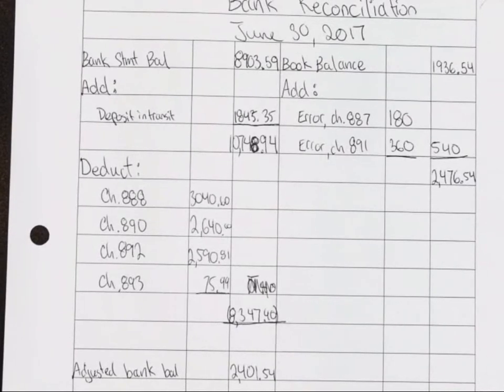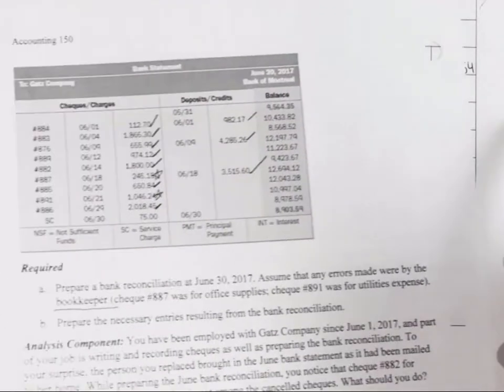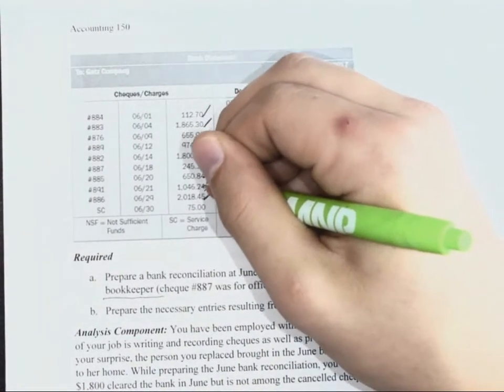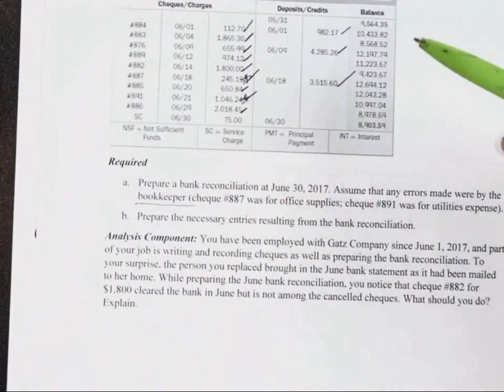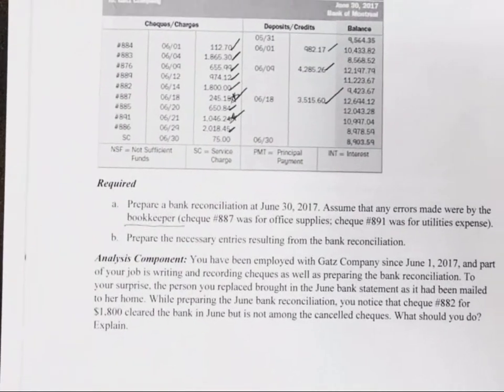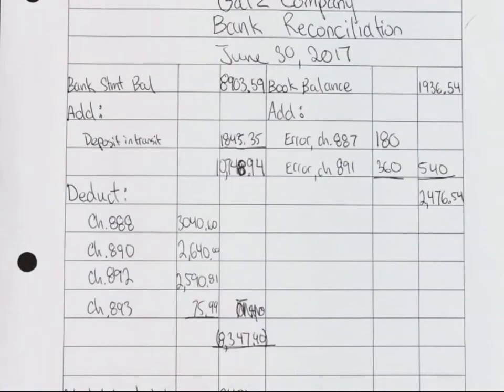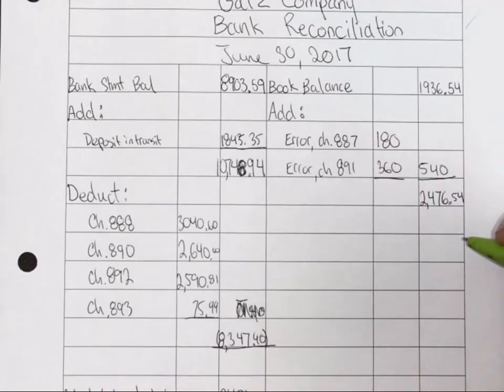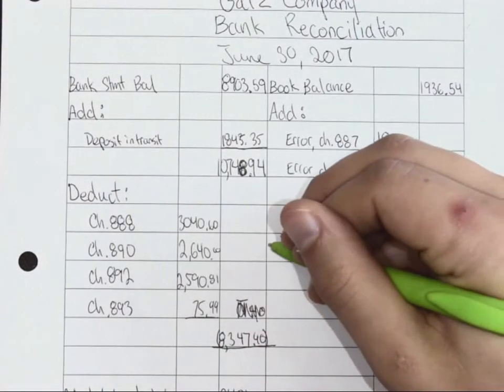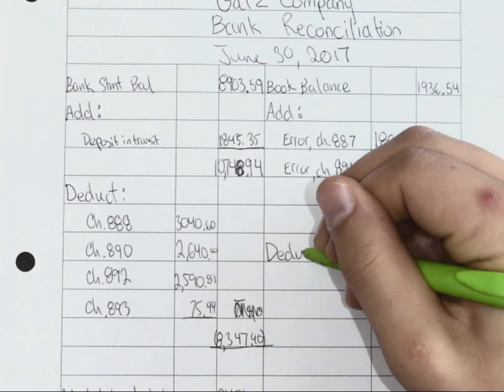Okay, we still don't balance. Is there anything on our bank statement now? Now we've cleaned up our errors, so we can check those out. Is there anything on our bank statement that we haven't seen in our ledger? Exactly. A service charge is a charge added by the bank. They don't send us a letter or ask us to send a check, so we don't prepare it. They just take the money. Right? So we can deduct.